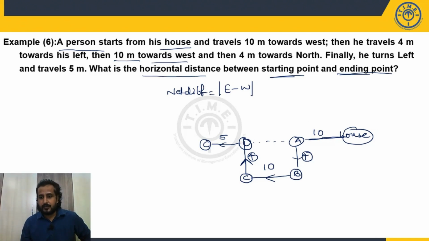Now how much he traveled initially in the west? 10. And again in the west? 10. Just consider the horizontal lines. And again 5. So totally how much he traveled in the west? 25. How much he traveled in the east? In this path, the distance traveled towards east is 0. So what is the net difference? 25 meters. So what is my answer to this question? 25 meters.